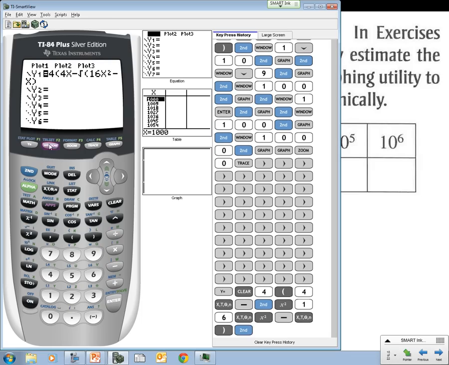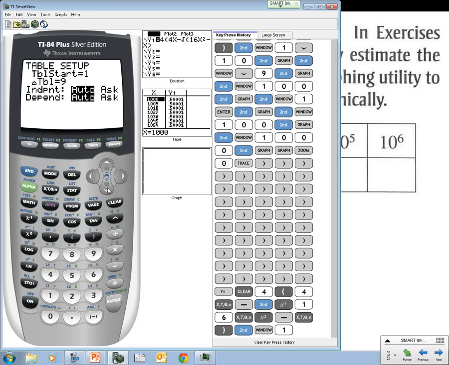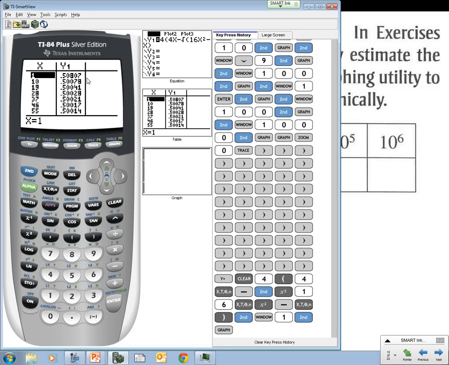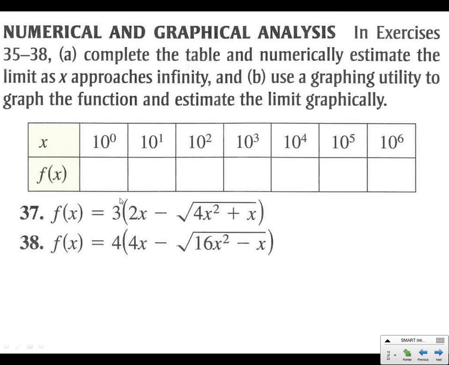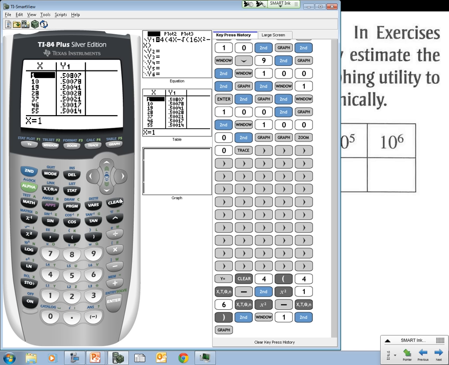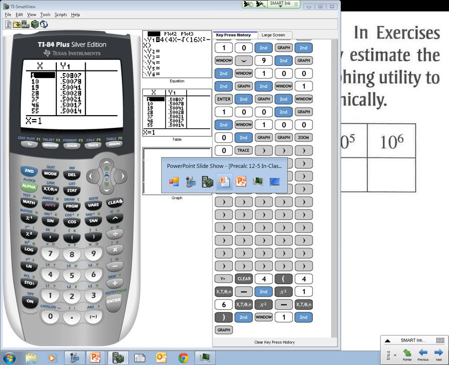Alright, we'll start with 1, and I'll count by 9 so I see 1 and 10 on the same table to start. 0.5087, 0.50807, and 0.50078.